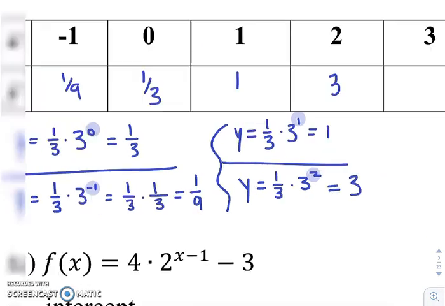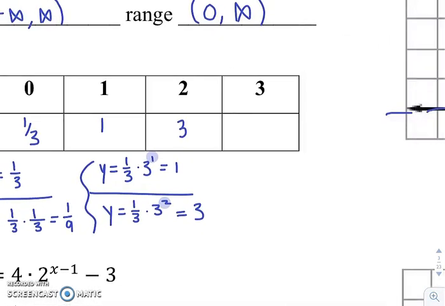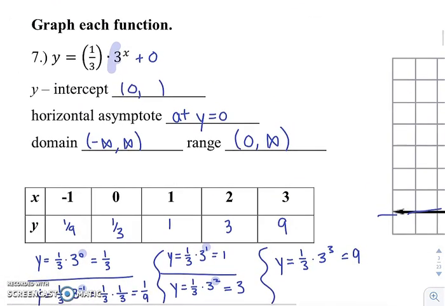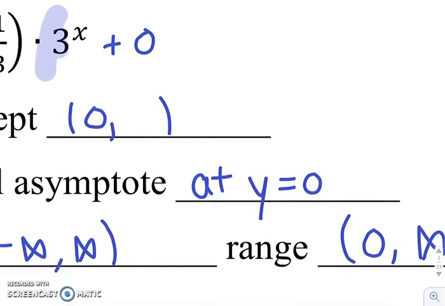And let's just plug in 3 yet. So y equals 1/3 times 3 cubed. 3 cubed is 27. So 27 times 1/3, or 27 divided by 3, equals 9. So we can go ahead and plot those points. I'm going to write my y-intercept up here as 1/3.